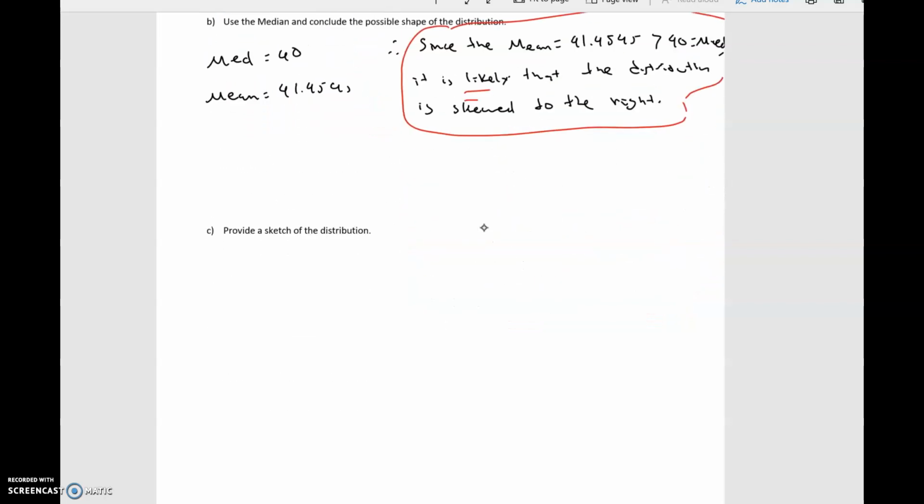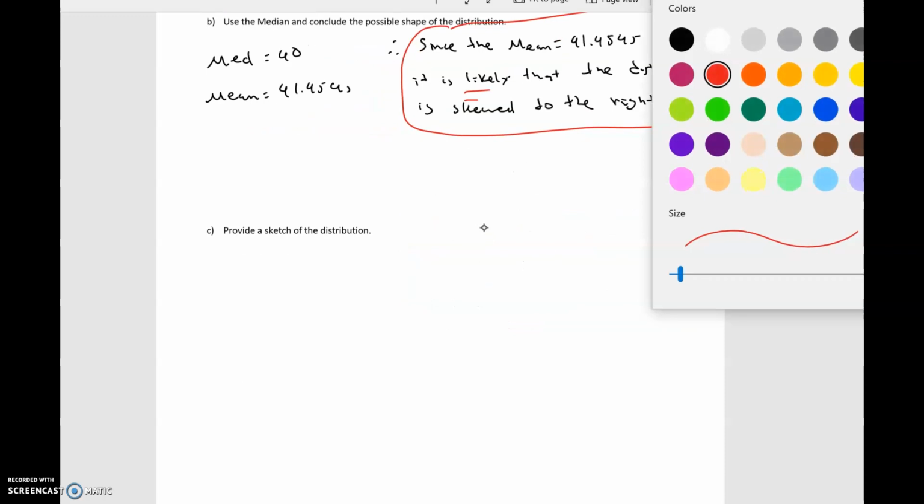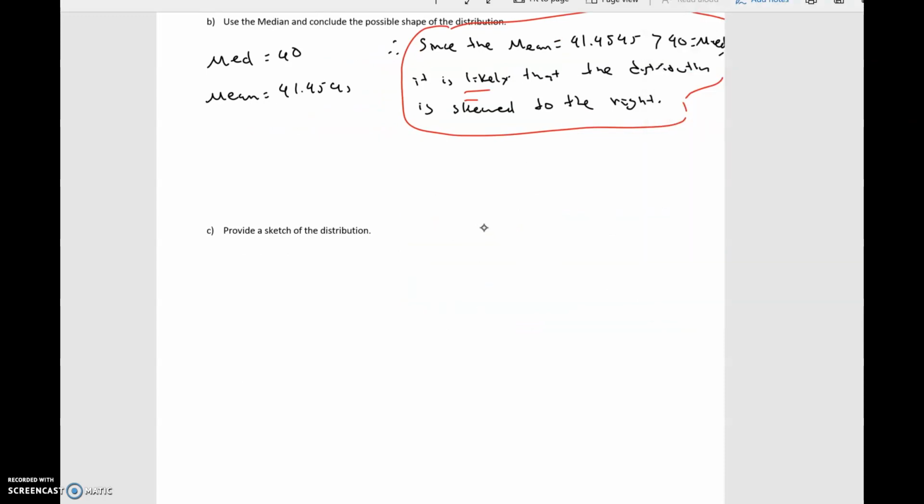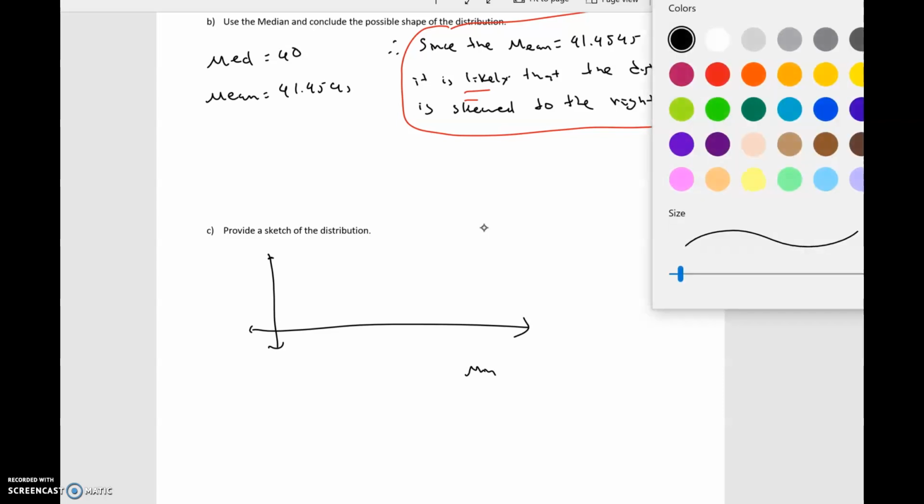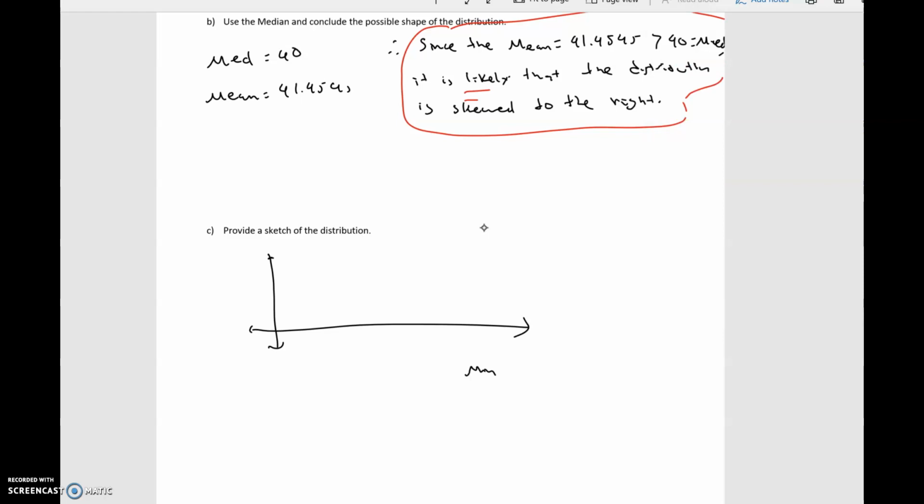Now, the last one, they want us to provide a sketch of the distribution. It doesn't have to be very accurate as long as you basically have the units. So in this case, we're still talking about minutes. And this particular one happens to be technically skewed to the right.